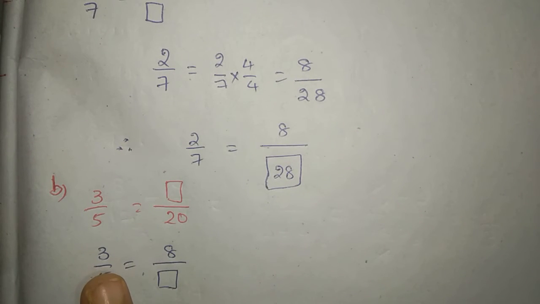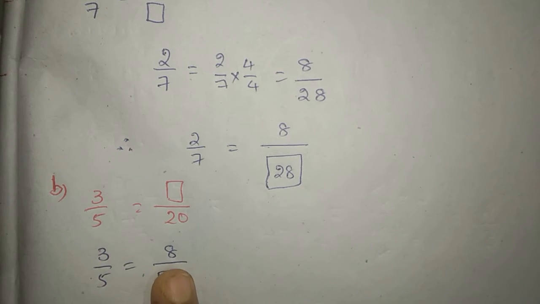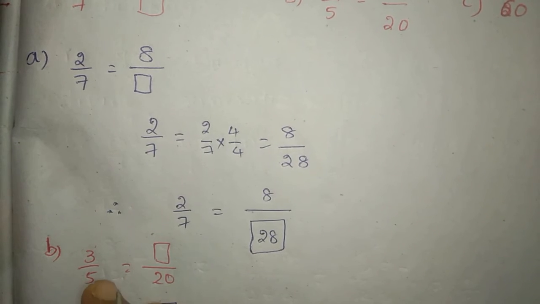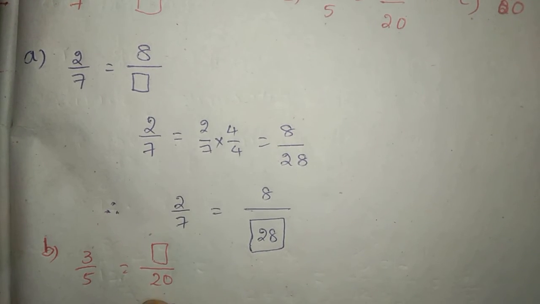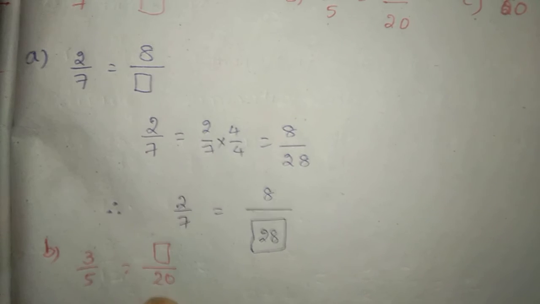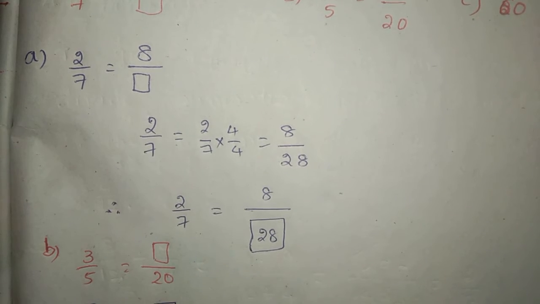In this 3, how many times do we get this number? And 5, how many times do we get 20? That is 4. 5 4s are 20. So here we multiply both denominator and numerator by the same number, that is 4.